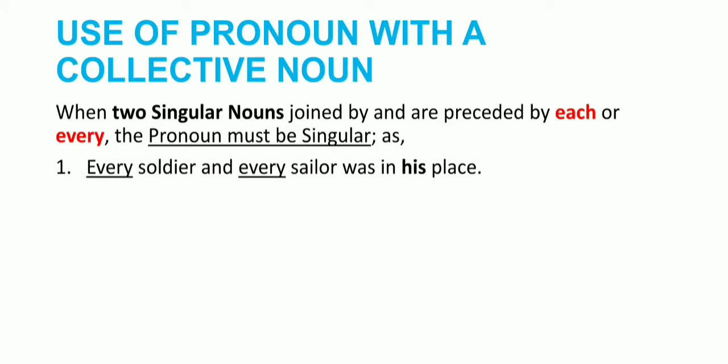We have the example here: every soldier and every sailor was in his place. Here his is used as singular, and the verb was is also singular in number. Keep in mind, every and each are distributive numeral adjectives, and verbs and pronouns after them are always singular in number.